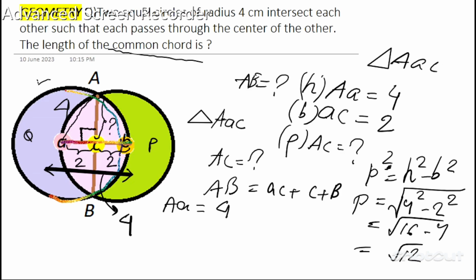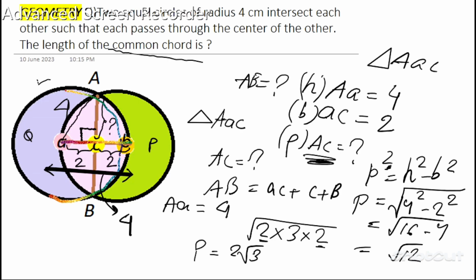And if you simplify the root 12, you'll get 2 times 3 times 2, all of this under the root. So 2 and 2 comes out as a pair, and 3 stays in the root. So your perpendicular is 2 root 3. What is the perpendicular again? It's the AC.